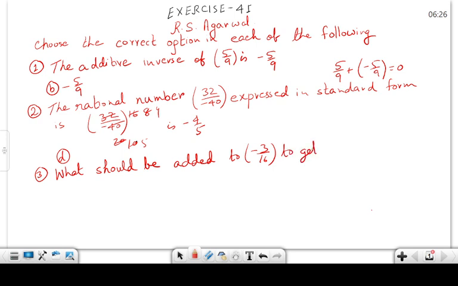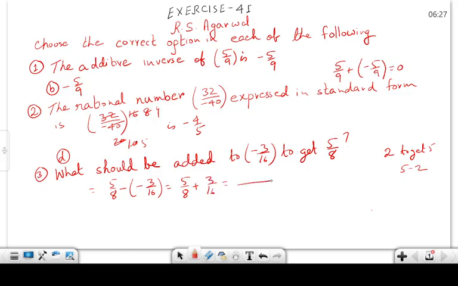How to do it: if the question is, what should be added to 2 to get 5, that means you have to subtract 2 from 5, that is 5 minus 2. In the same way, we get 5 by 8 minus of minus 3 by 16. Minus into minus is plus, so it is 5 by 8 plus 3 by 16.